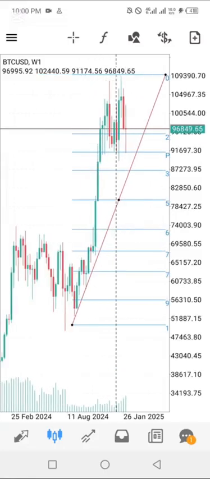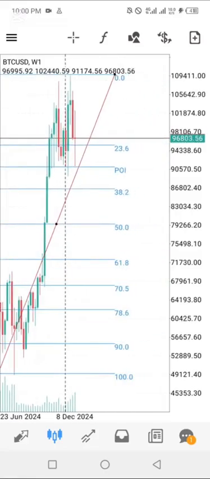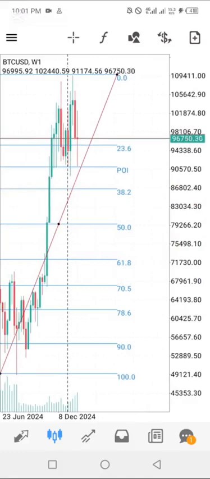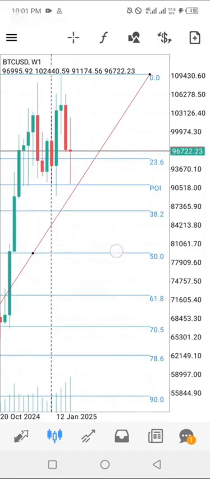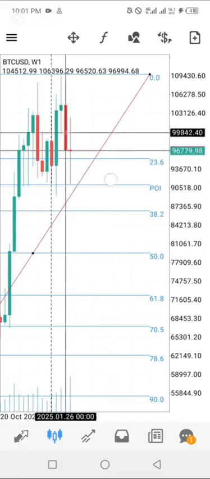You can even see that we are in between the 23.6 and 38.2 Fibonacci level, and I label that area as my point of interest, POI. So you can see the rejection from there. Look at the rejection. Immediately price hit that area, look how it rejected to the upside.